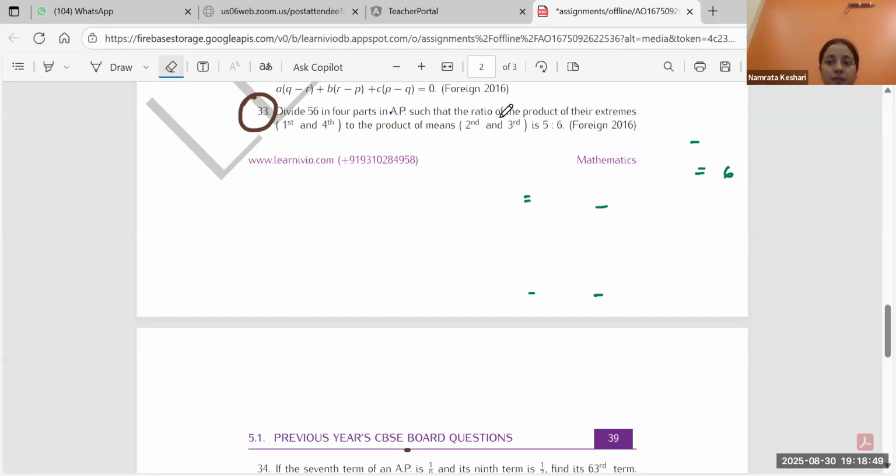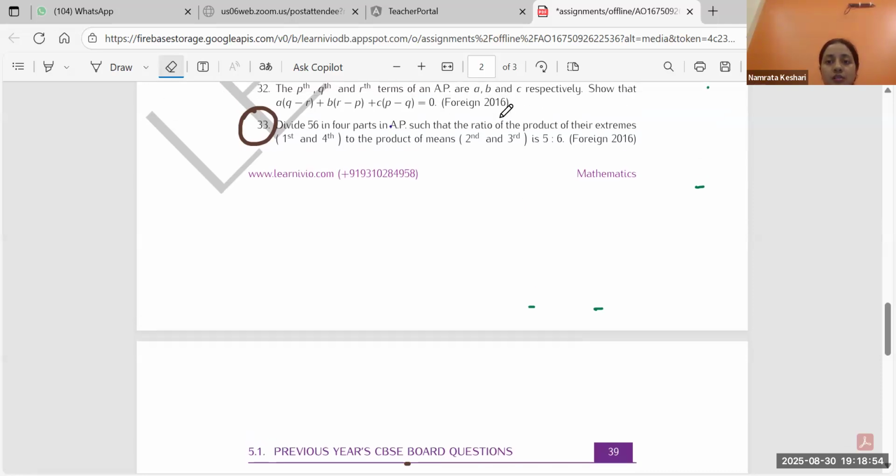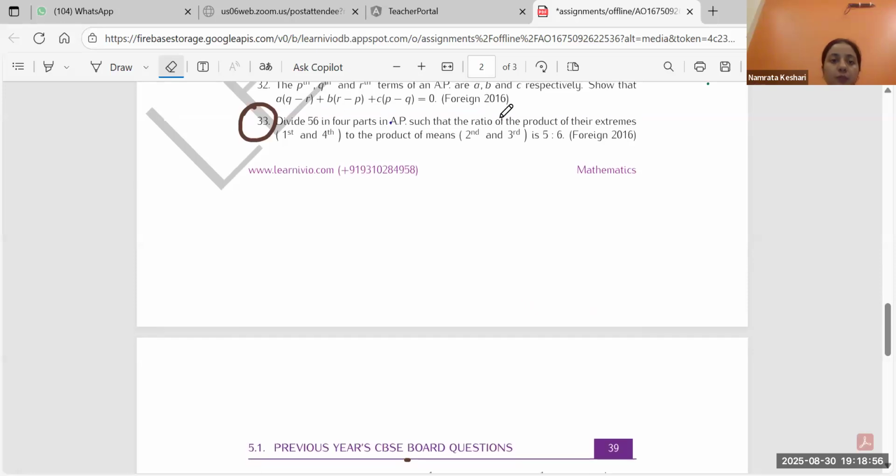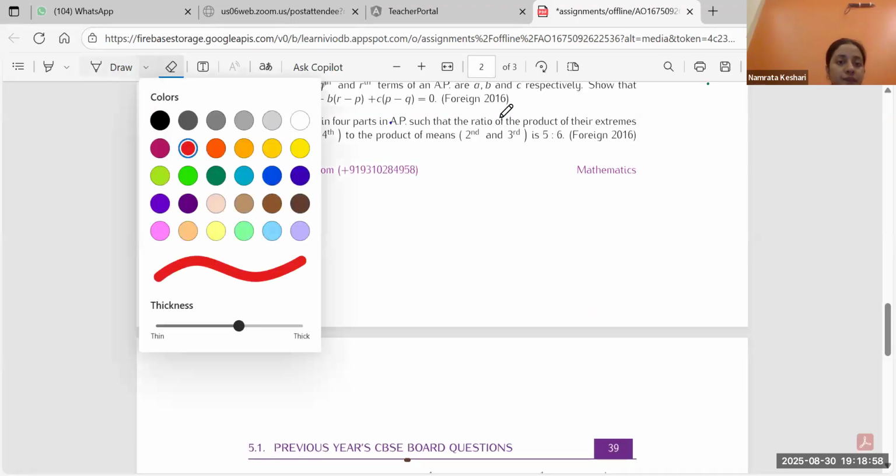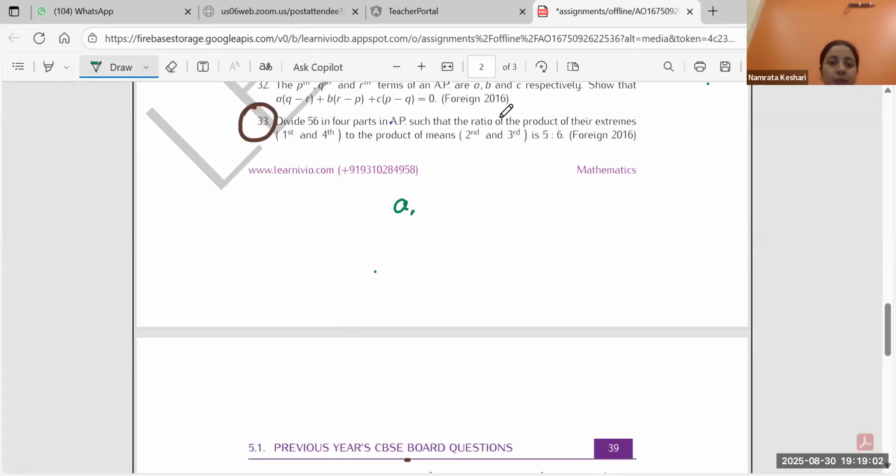Our general form of the AP is A, A plus D, A plus 2D, A plus 3D, A plus 4D, just like that. If I'm talking about the term previous to A, can I say it is A minus D? Yes or no?